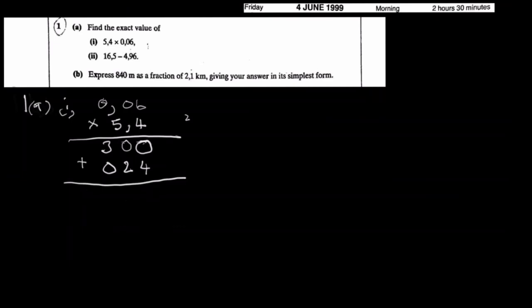Let us now take a dig on question 1A, part 2. It reads, find the exact value of 16,5 subtracting 4,96.